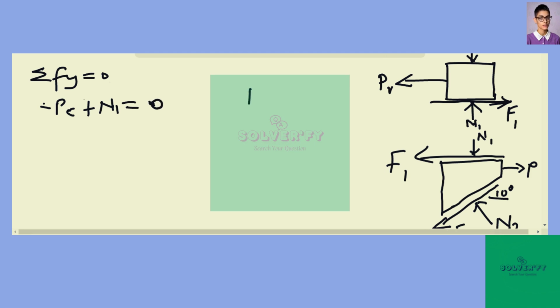Of course, Pc is the compressive force and is 2.63 kilonewton. So when we do this, we're going to arrive at N1, the normal reaction at point 1, to be equal to Pc. Therefore, N1 is equal to 2.63 kilonewton.